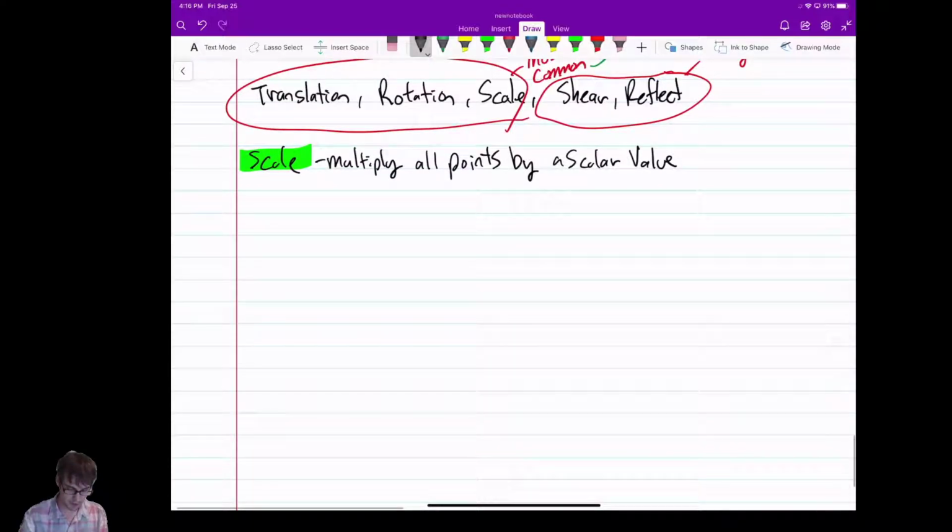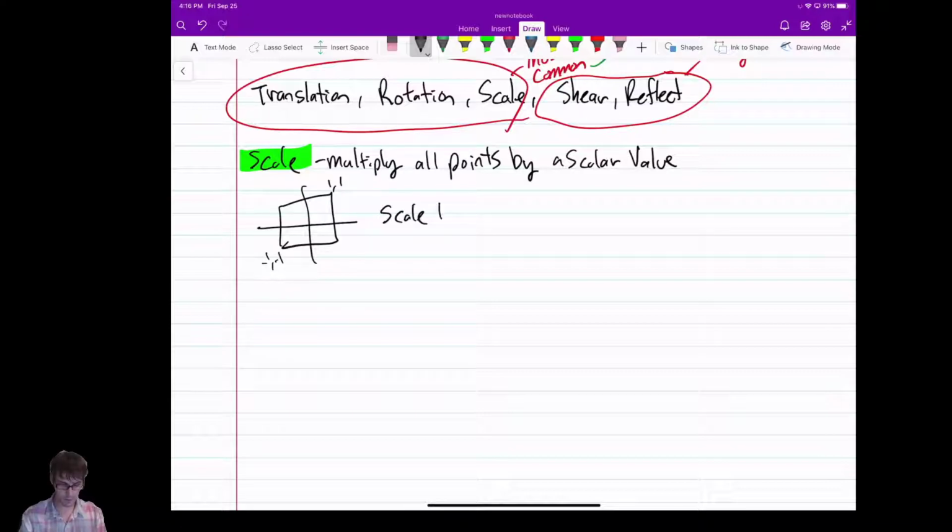And it kind of looks like this. I have a point before. This is 1, 1, minus 1, minus 1. Cool. I scale by 1.5 and I get a bigger one. Right? 1.5, 1.5. Just like that. No big deal. Minus 1.5. So I scale it.